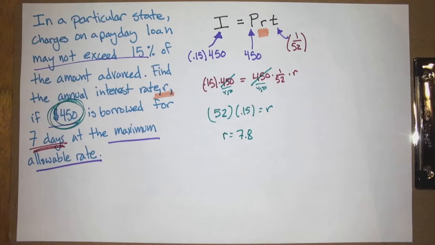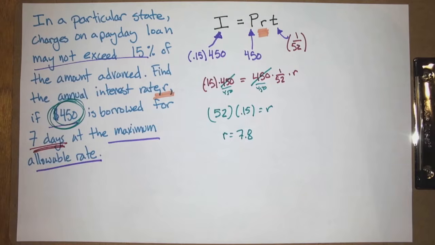Now, is this 7.8% or not 7.8%? Because with 7.8%, you're like, that sounds not so unreasonable. You only borrowed money for a week. Is this a percentage? It is not.